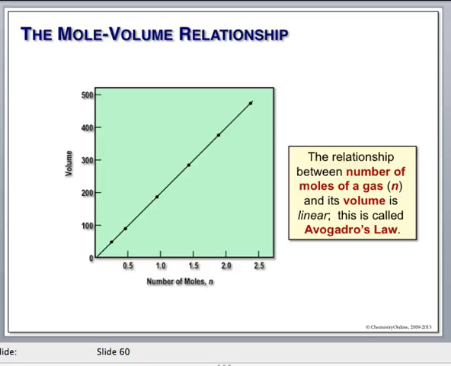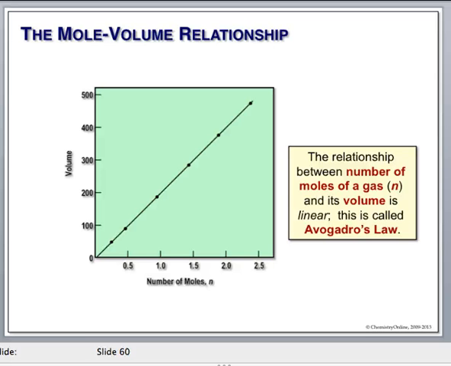Now again, that's not surprising. You probably could have predicted that. This is Avogadro's law. Remember, Avogadro has a number, 6.02 times 10 to the 23rd. But this is Avogadro's law. The number of moles and the volume is a direct relationship, just like temperature.